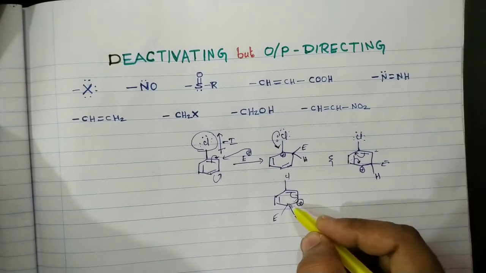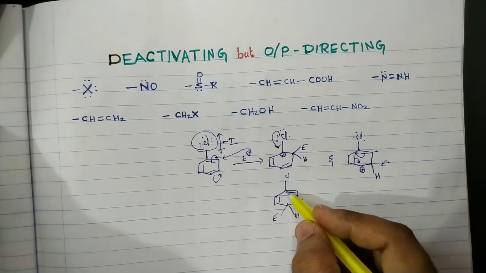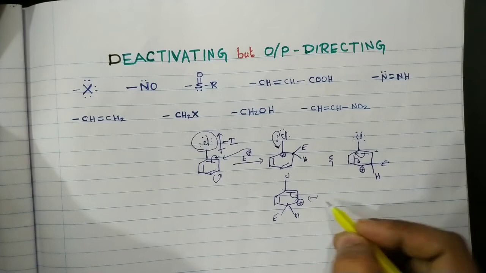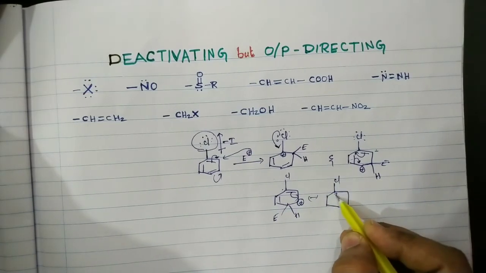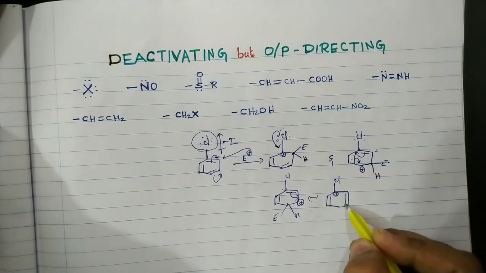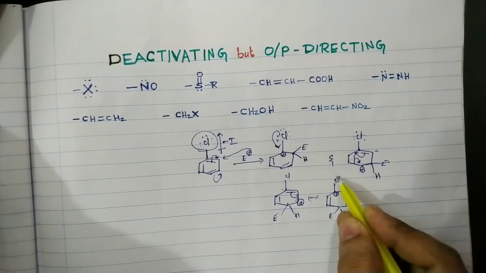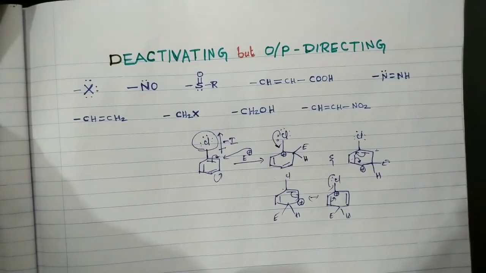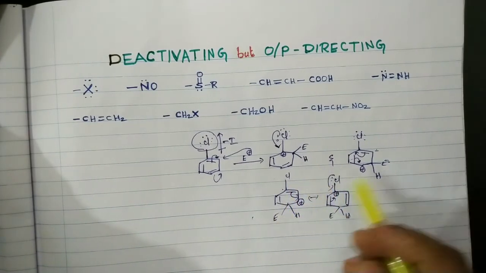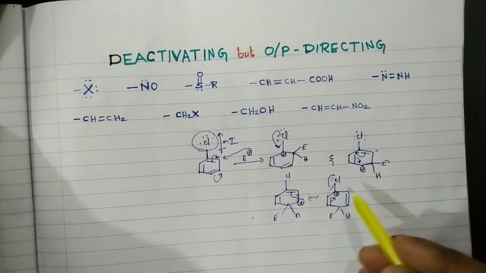It is stabilized by this pi conjugation, as well as this chlorine attached carbon gets a positive charge, which is stabilized by the plus M effect of the halogen as well as the pi bond conjugation. So when the electrophile attacks at the ortho position or para position, those sigma complexes are more stable.